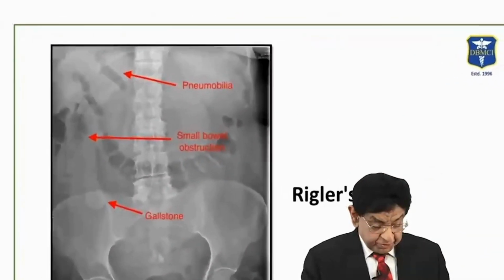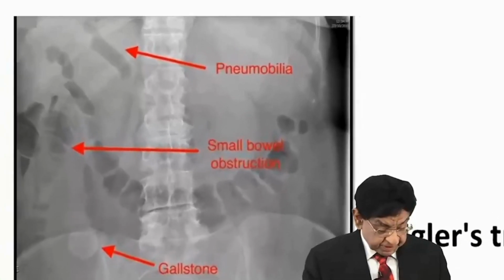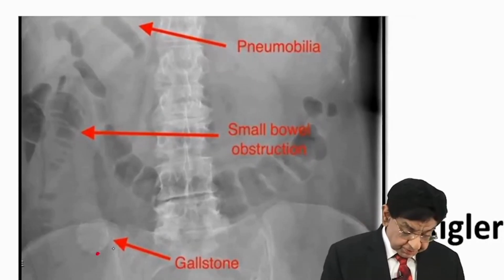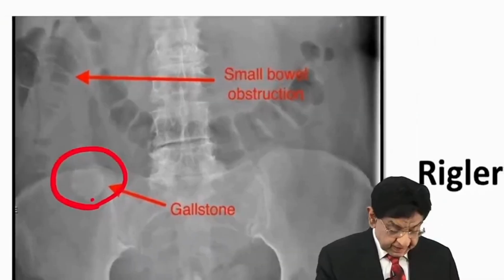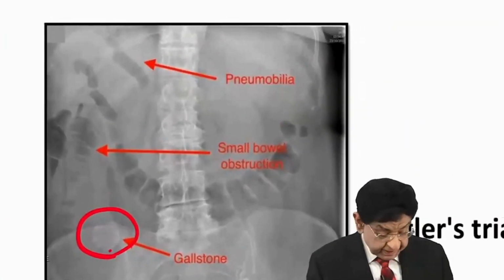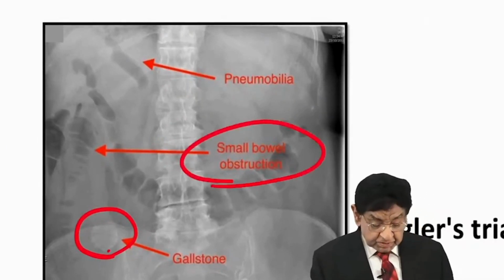Lovely diagram, beautiful picture. I'm enlarging it. So we have a gallstone. I hope you can see it. Yeah, I have enlarged it to the maximum. We are getting small bowel obstruction.